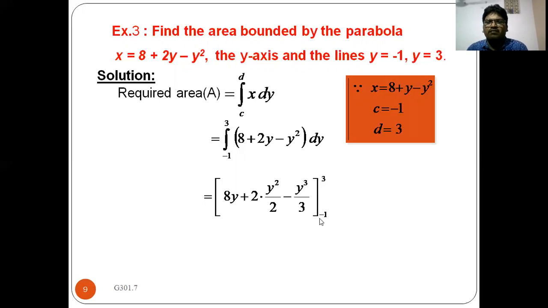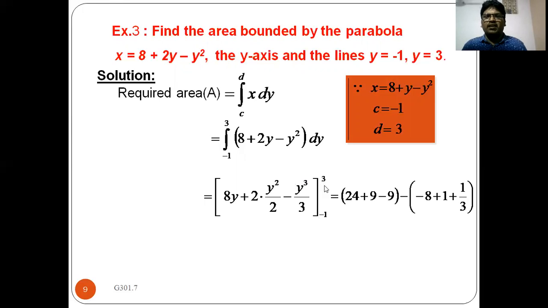Next we have to substitute the limits, the upper limit 3 first, then the lower limit minus 1 in the given solution. So substitute the upper limit in this equation. In 8y, y is replaced by 3, and 3 eights are 24.